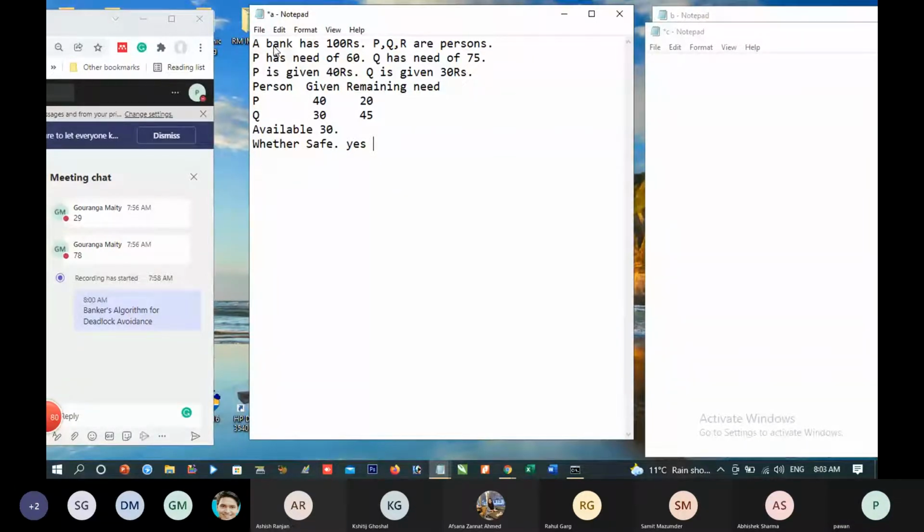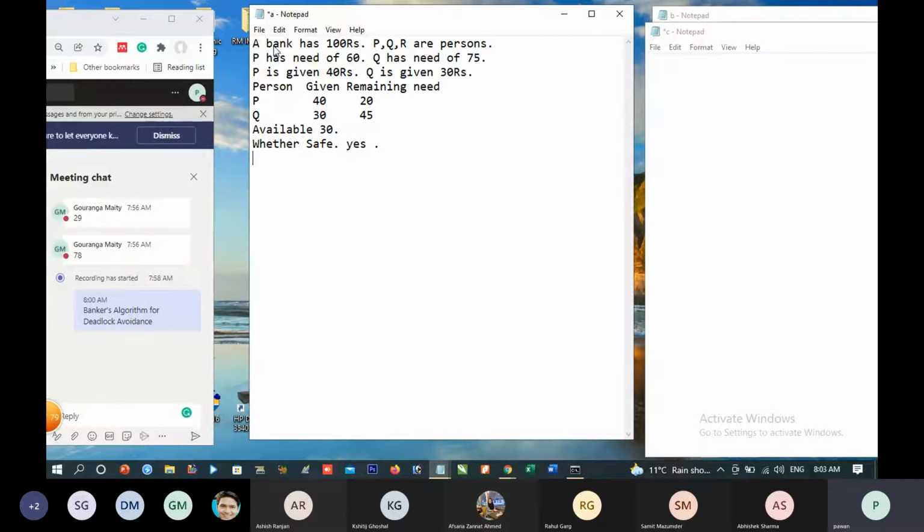So he will return 40 rupees. So 40 plus 30, 70 rupees will be with us. We can give it to Q and he can also complete his work. It is safe.